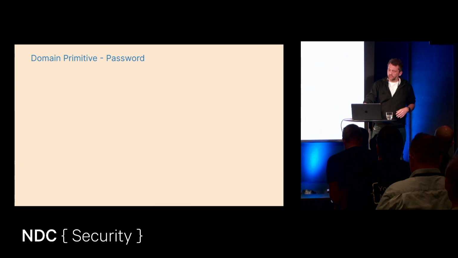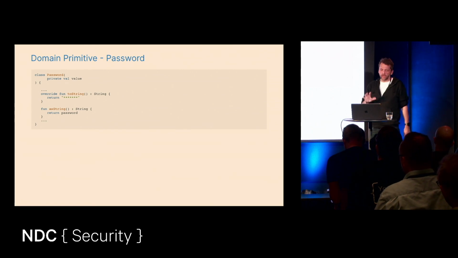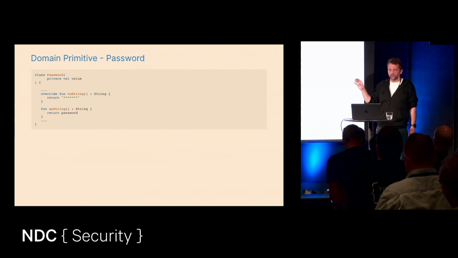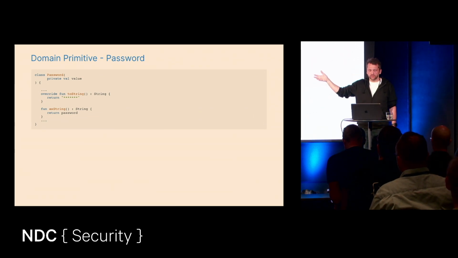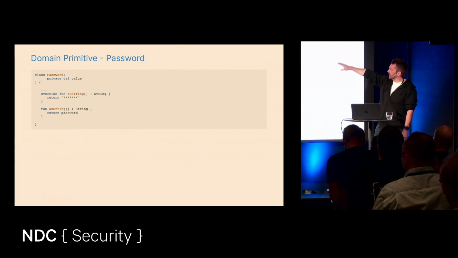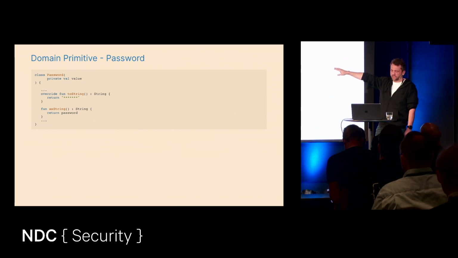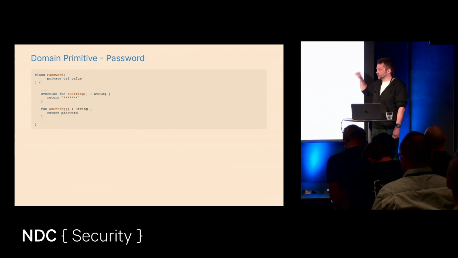Next, we can look at the password primitive. We might want to ensure that no one ever makes the mistake of calling toString, because that might happen if we're doing deserialization or just a log statement. We never want to print the value, and we don't want a public variable in this case, because we want to make sure that we only ask for the password from this class if we absolutely mean to.